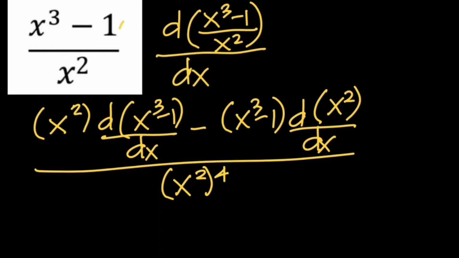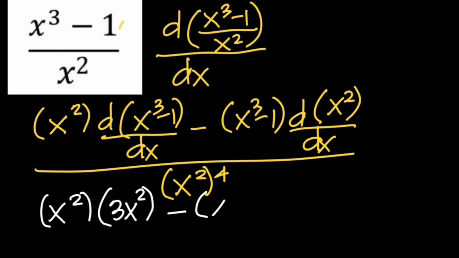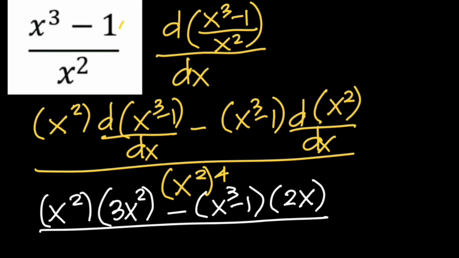And now we simplify this. We have x squared times the derivative of x cubed minus 1. The derivative of x cubed is just 3x squared, minus the derivative of 1, which is 0, so that is minus 0, minus x cubed minus 1 times the derivative of x squared, so that is just 2x to the power of 1, because 2 minus 1 is just 1, so that is just 2x, over x squared squared.